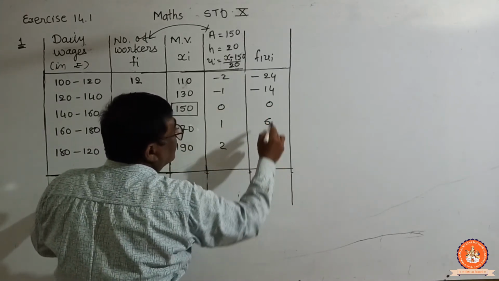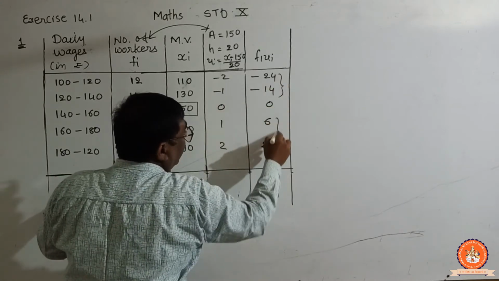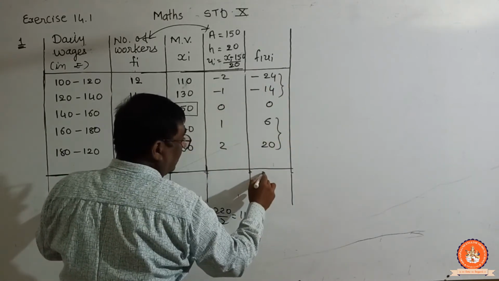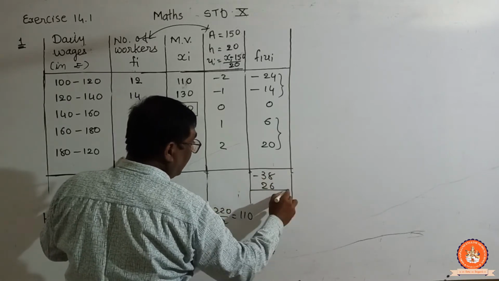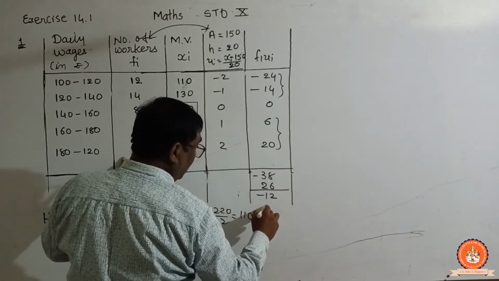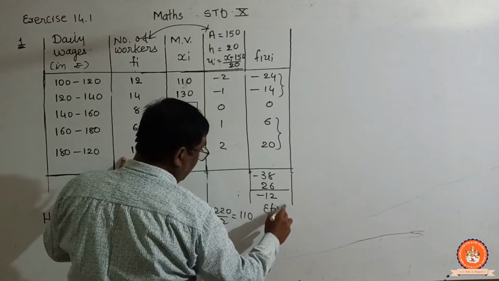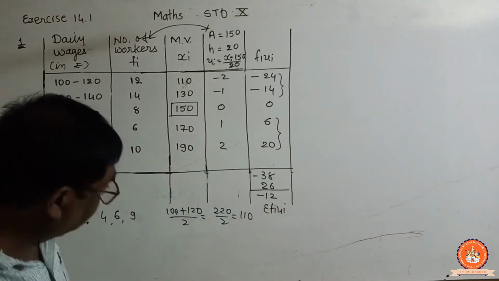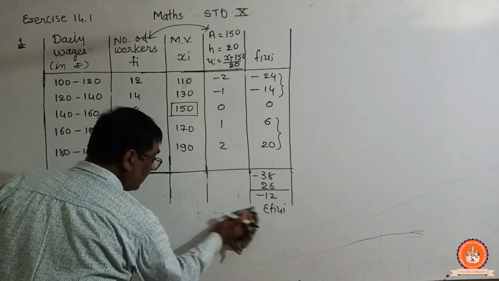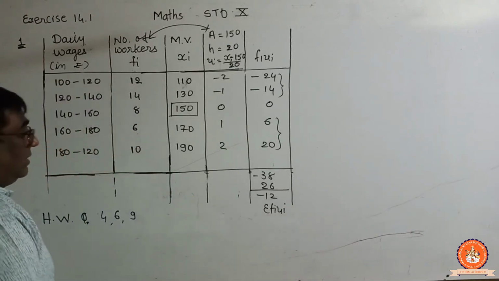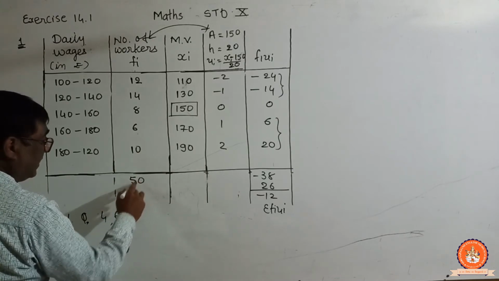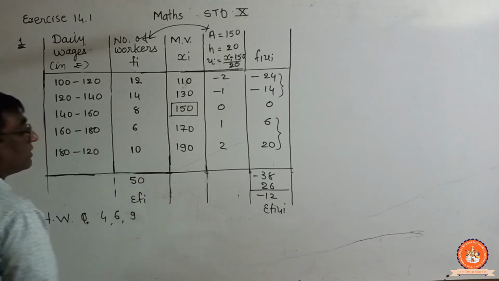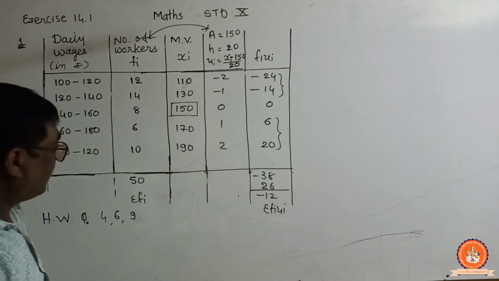Okay, so adding negatives, adding positives, we get minus 38 and plus 26, we get minus 12. That is sigma fi ui. Now sigma fi. There are 50 workers. It has been given that the number of workers is 50.